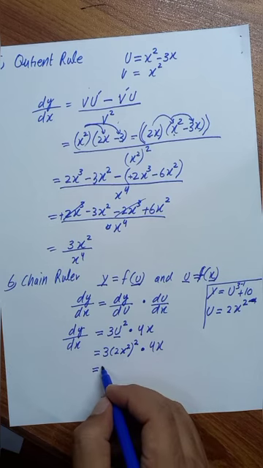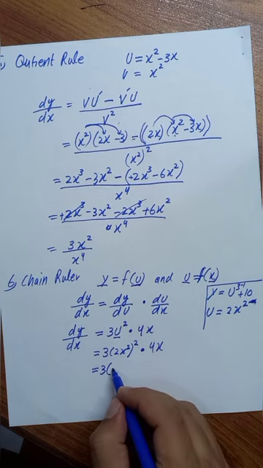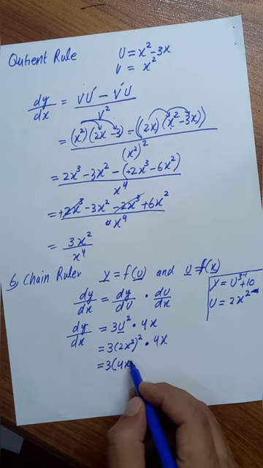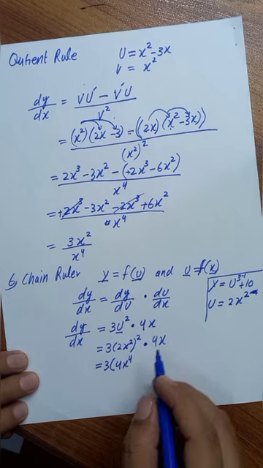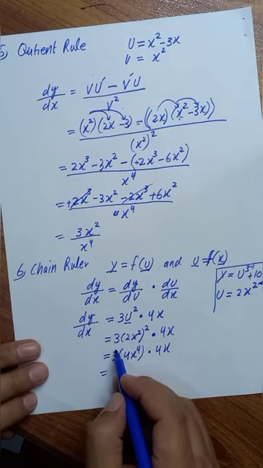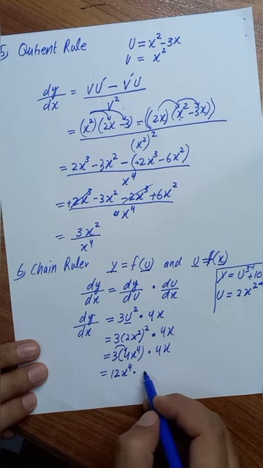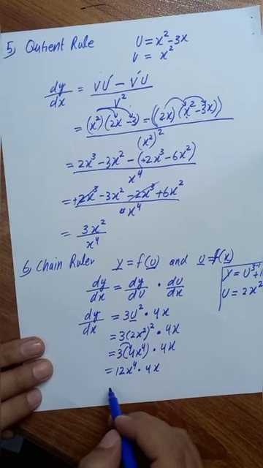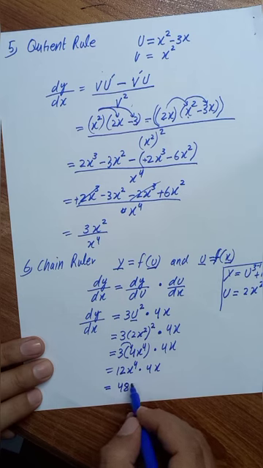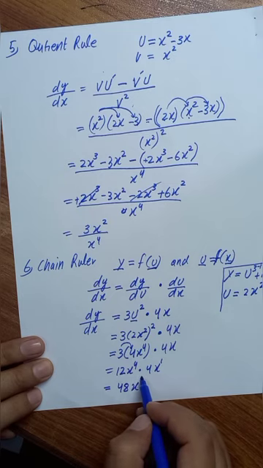It will become 3 in the same place, and we have 2 multiply 2, it will become 4, and we also have x power 4, because we are adding the powers. Multiplying this with this, it will become 12 x power 4 into 4x, again we have multiplication, so it will become 48, and x, here we have power 1 and here power 4, it will become power 5.